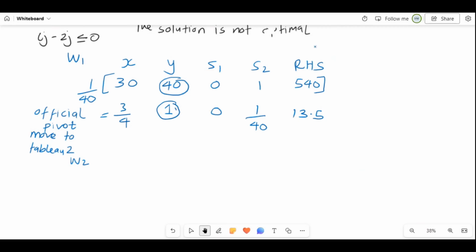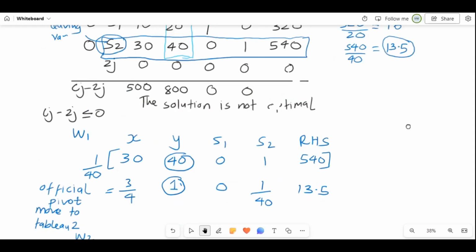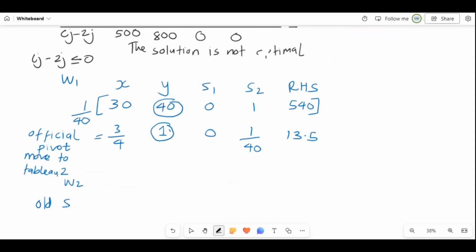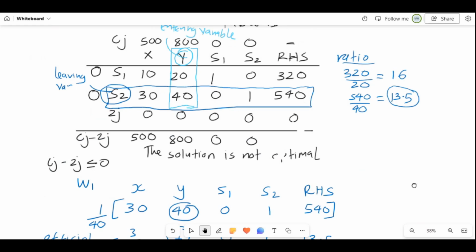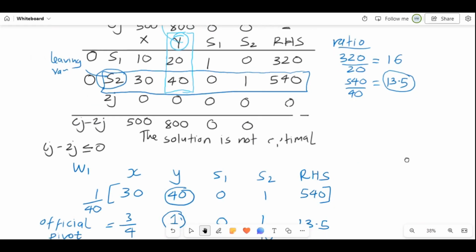In my working 2, let me call it old and new so that we know there's a distinction. Let me have the oldest one as X, Y, S1, S2, and the right-hand side values. When I say oldest one, we'll just go to our initial tableau and we have 10, 21, 0, 3, 20.